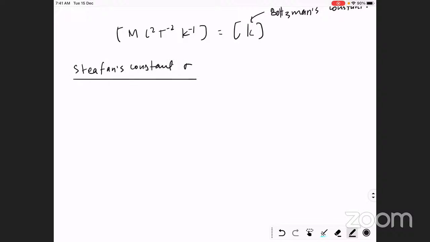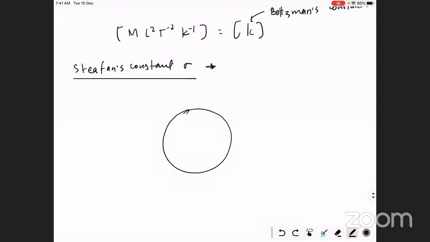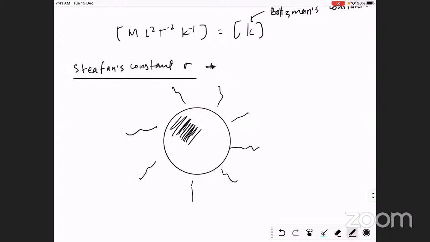Do you remember anything related to Stefan's constant, or did you forget everything? Sigma AeT^4. What does it represent? E. Power. Very good.